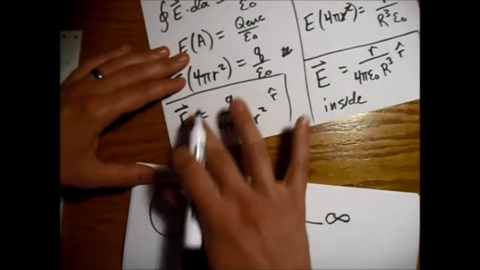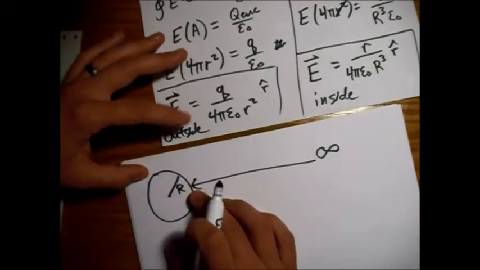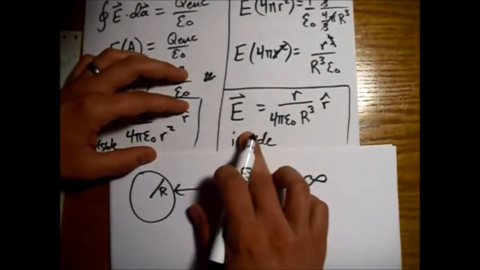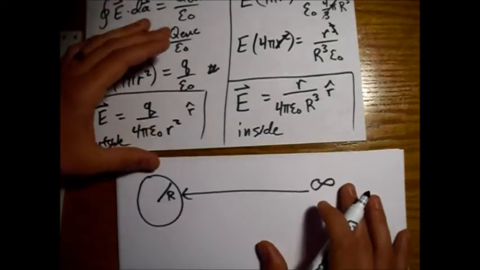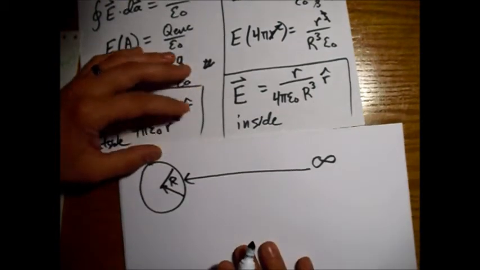So we'll integrate this equation from infinity until we reach the surface of the sphere, at which point the electric field changes to this equation. And so when it changes, we'll do our second integral from the surface of the sphere into the center of the sphere.